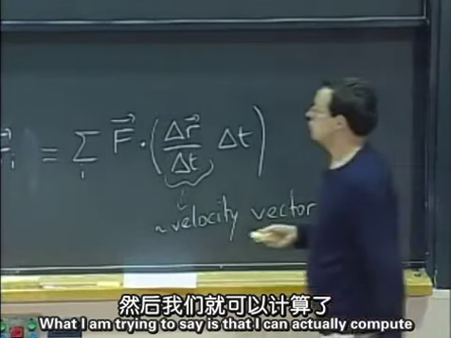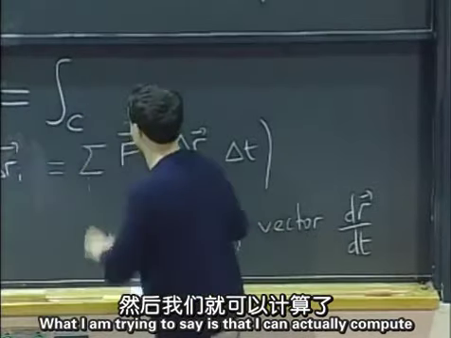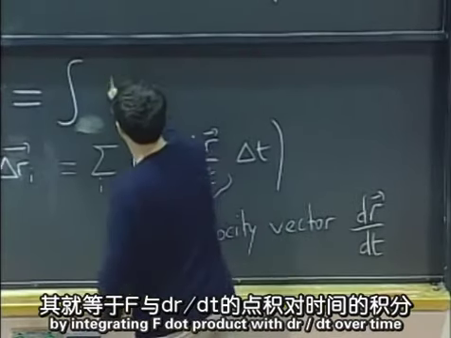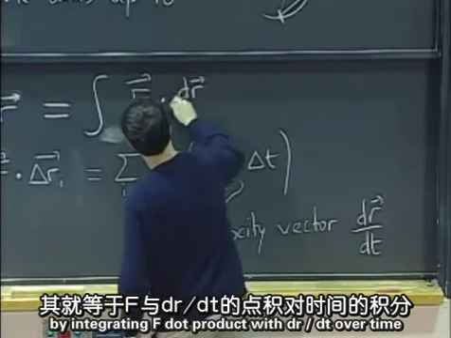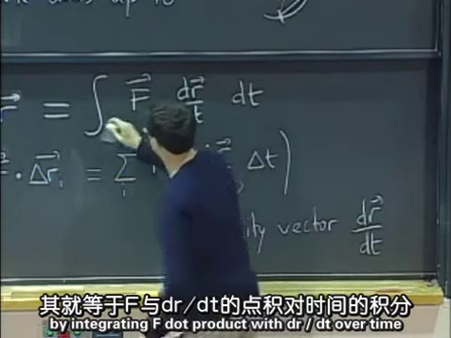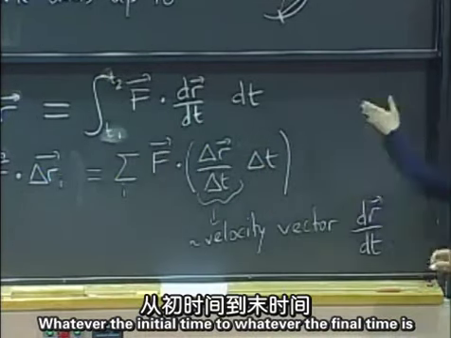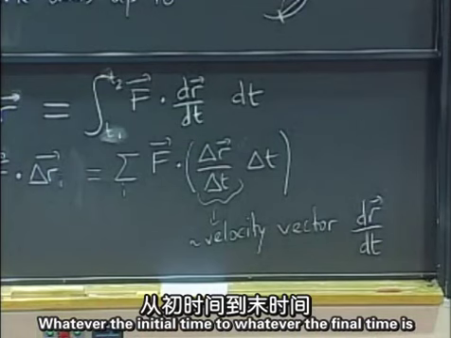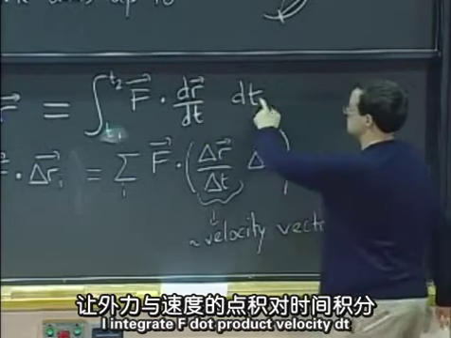So what I'm trying to say is that I can actually compute my integral by integrating f dot product with dr dt over time, from whatever the initial time to whatever the final time is. I integrate f dot product velocity dt.